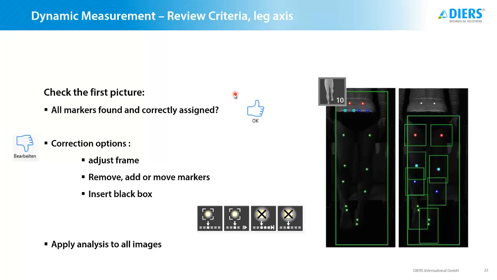Leg axis. Similar idea as the spine system. The more care you take about the initial measurement, the easier it will be to reconstruct the marker points. In the first picture, verify all markers are found and correctly assigned.